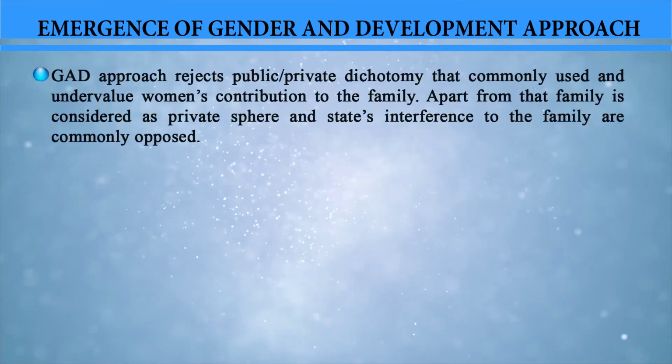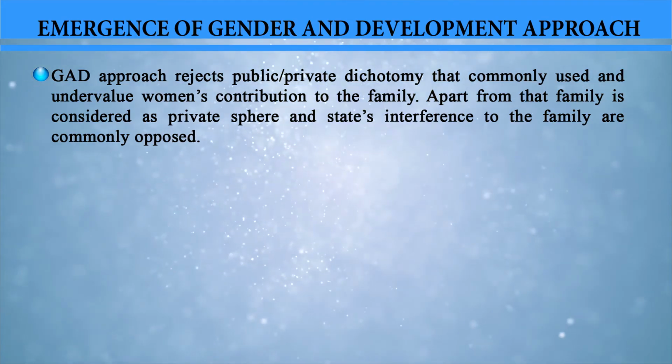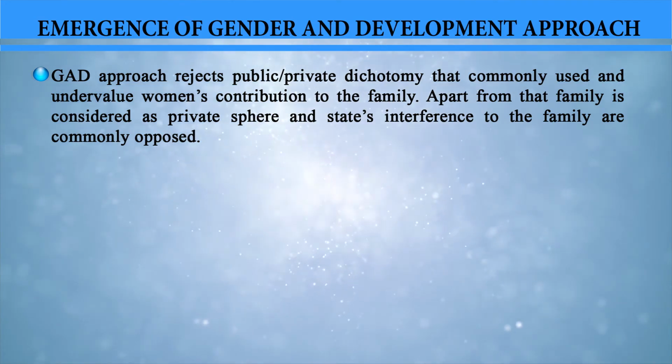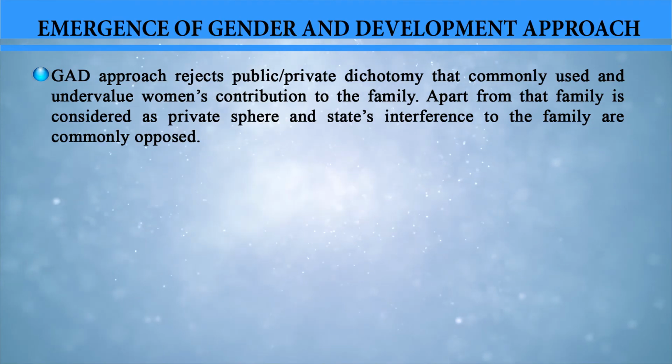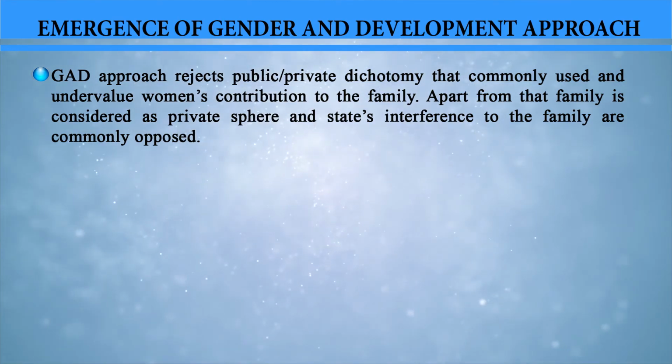It analyzes the nature of women's work and their contribution within and outside the household, which includes non-commodity production. So, the GAD approach rejects the existing public-private dichotomy that is commonly used and undervalues women's contribution to the family.